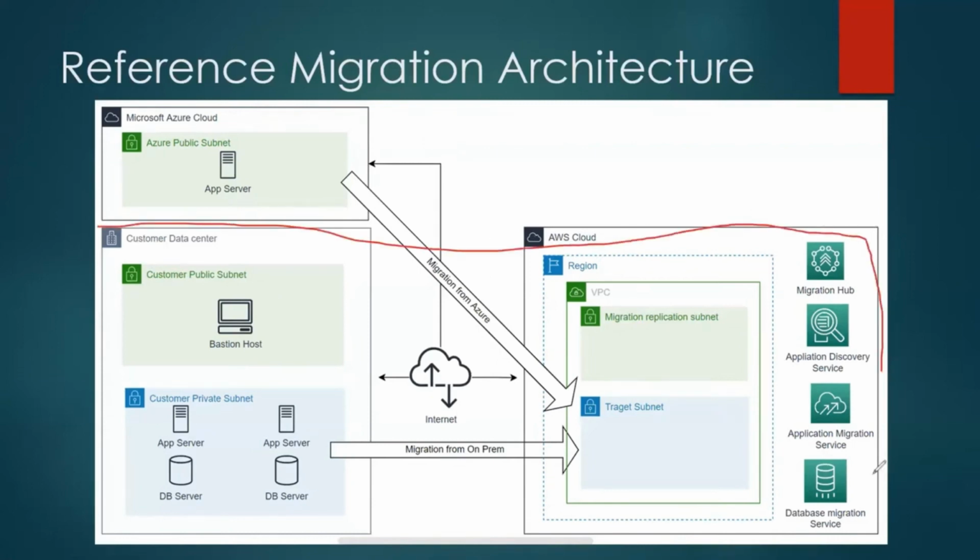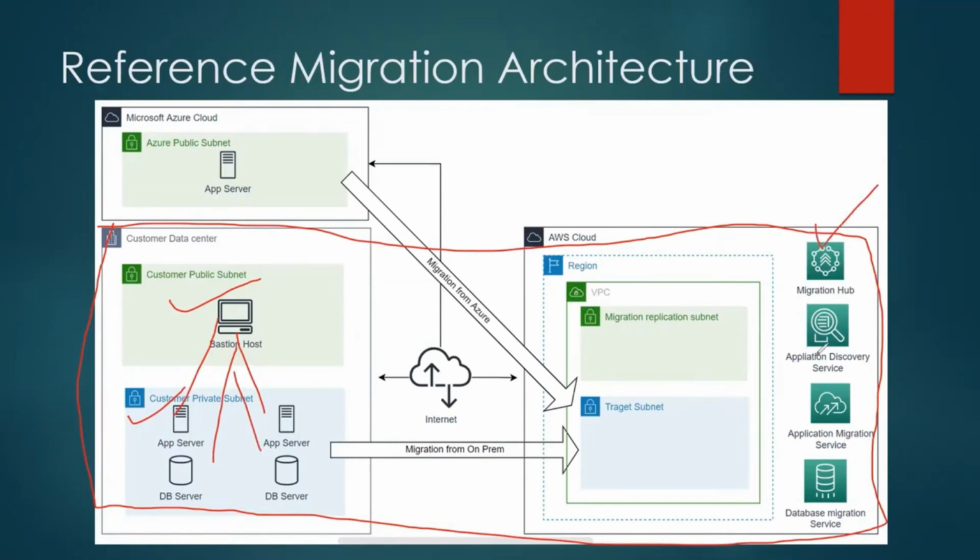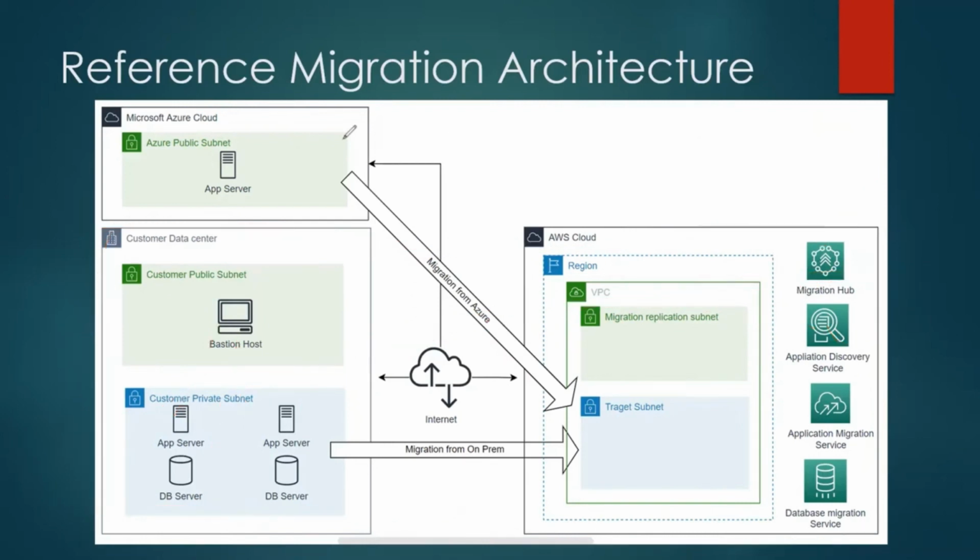We deployed this architecture, the VPCs, sort of an on-premises data center, and deployed the application and database servers and a Bastion host through which we are managing that. Then using Migration Hub, we are monitoring the migration, and with ADS, we deployed the agent and collected the data in AWS Migration Hub.